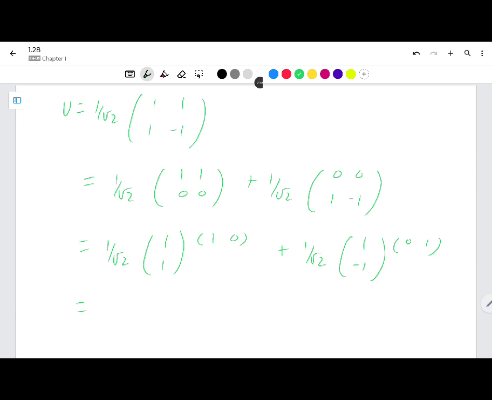Okay, we can verify that this can reproduce this matrix, and this is nothing but the Sx plus, and this is the minus. So this is basically a summation of these types of forms.